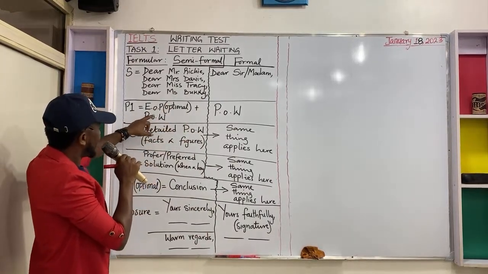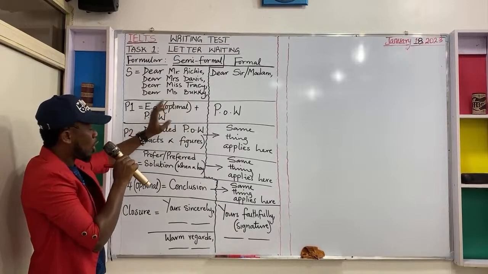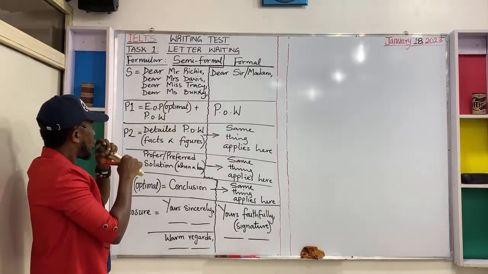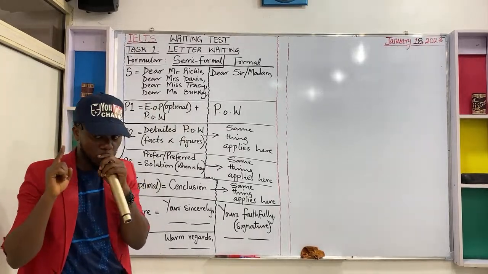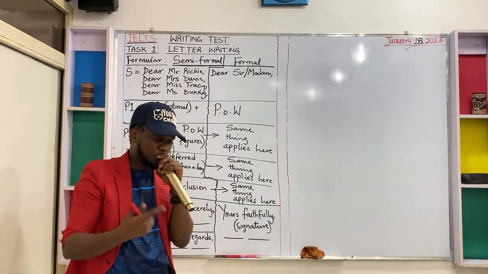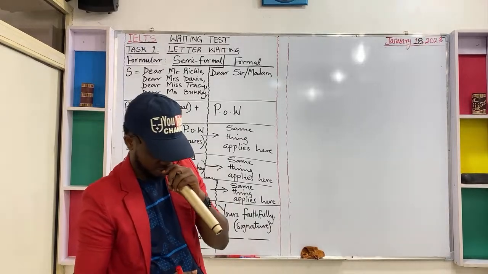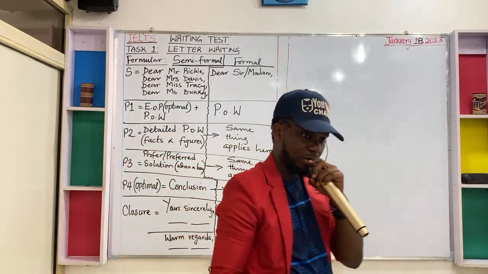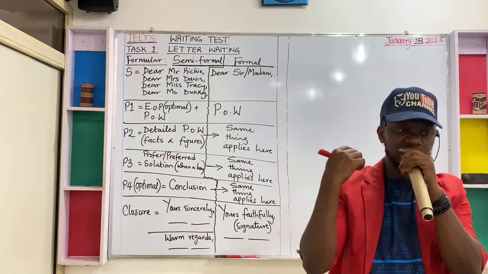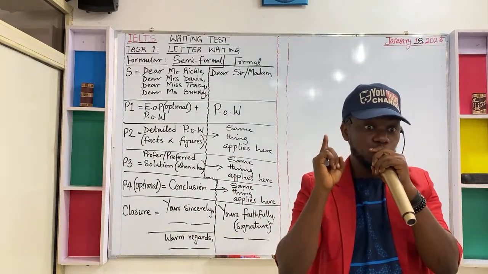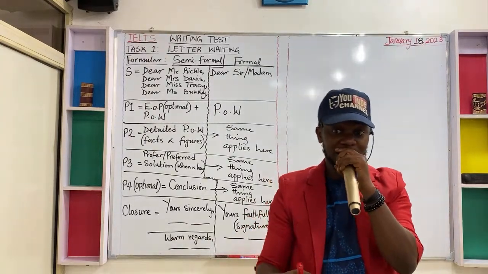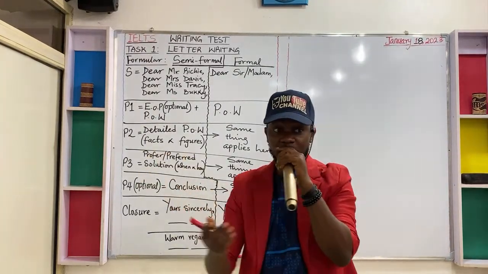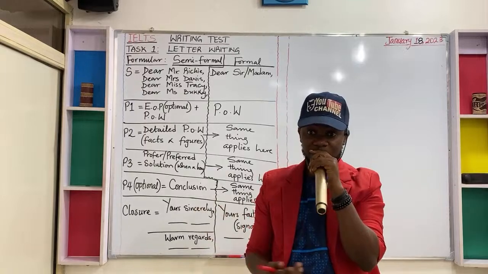Then your paragraph 1, optionally, you're meant to exchange pleasantries. Optional. It's not compulsory. But if you choose to express pleasantries, you are meant to restrict your pleasantries to your official relationship. Don't go asking your HR how the family is. You have no business with the family.